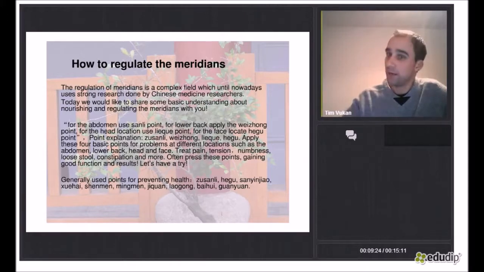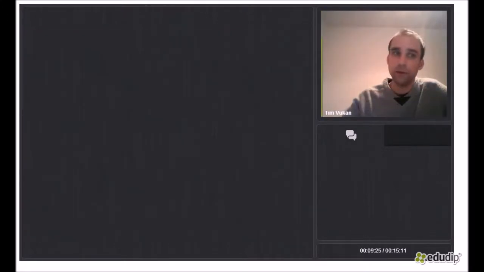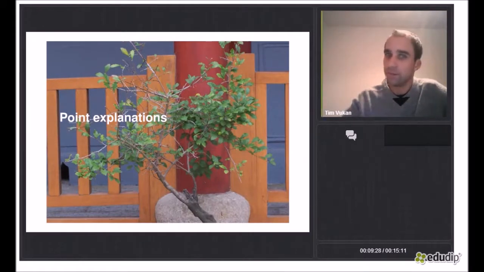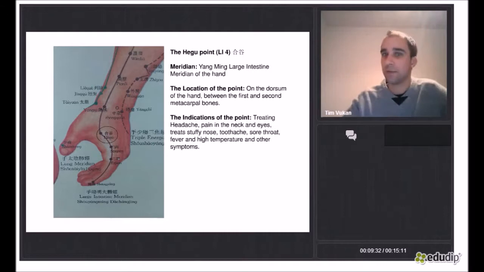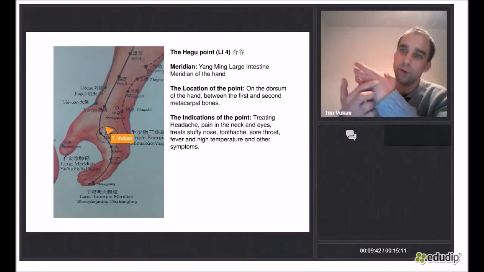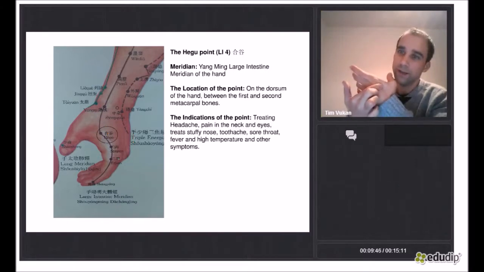If we take a closer look now at these points, I would like to give you some very basic explanation, starting with the Hegu point. You will find this point in this position over here, where I have my finger.